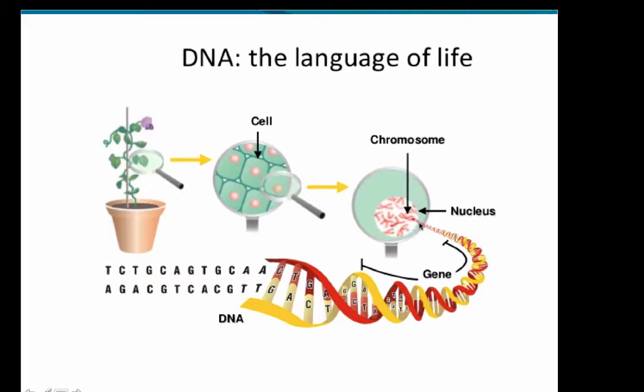And within those cells are chromosomes. Those chromosomes reside within the nucleus, which is kind of the center of the cell, and they are looped in a double helix fashion made up of DNA. So our chromosomes are made up of DNA, and DNA is made up of the four nucleotides, A, G, C, and T.